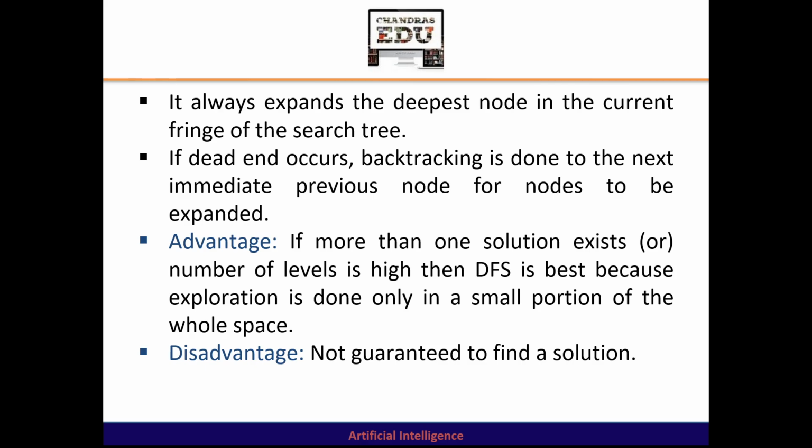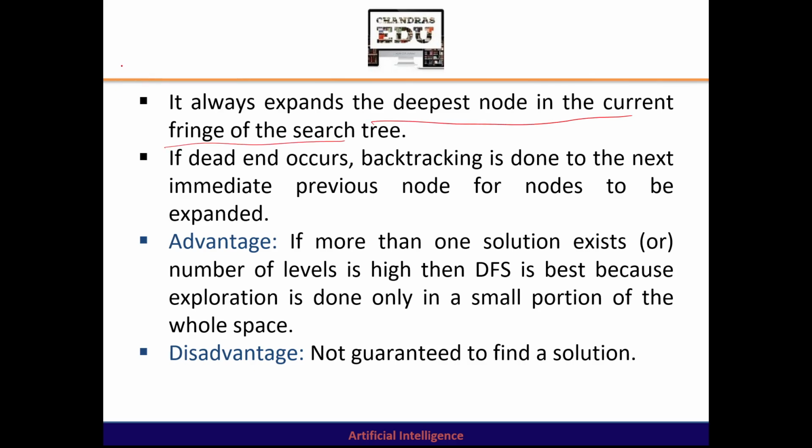It will try to see that all the leftmost paths are covered, and if that is not the solution, it will come back and check the other path which is possible for that. So here we have some theory related to depth first search. It always expands the deepest node in the current fringe.